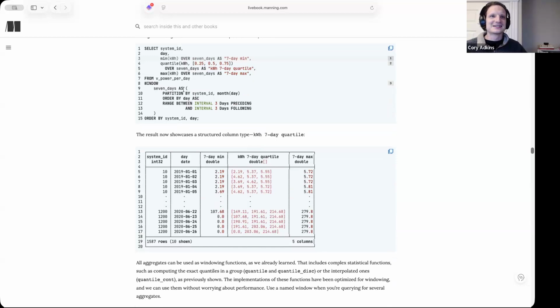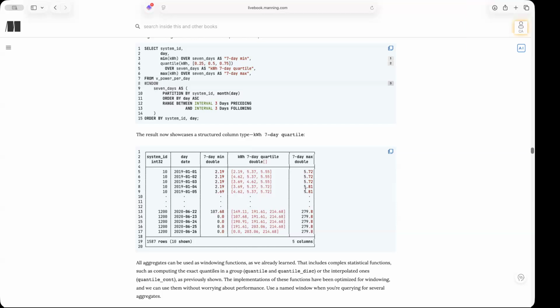So let's see. They have the 7 day max. Why do they need two window functions? I guess maybe one to take the max. There's the interval, 3 days before and 3 days after.